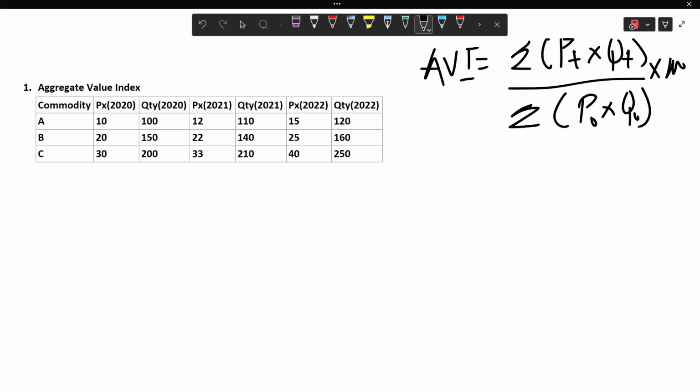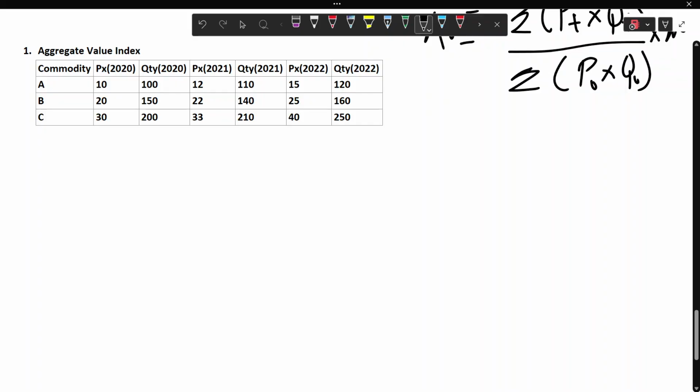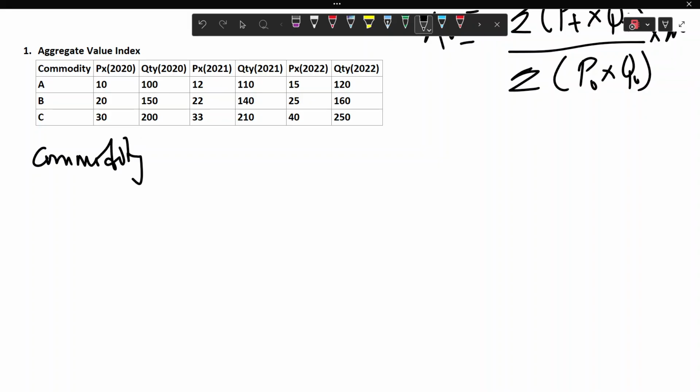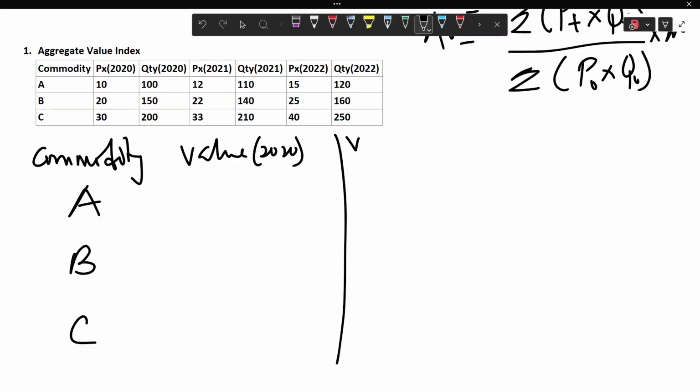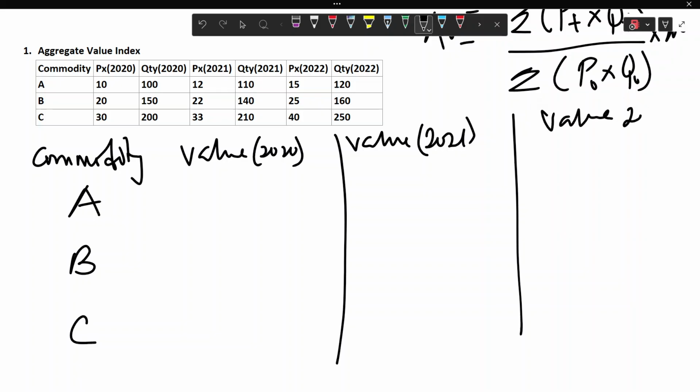So now let's multiply the base year prices and the base year quantity. So let me create another table here. So we have commodity A, B, and C. So we have the value for 2020, value for 2021, value for 2022.